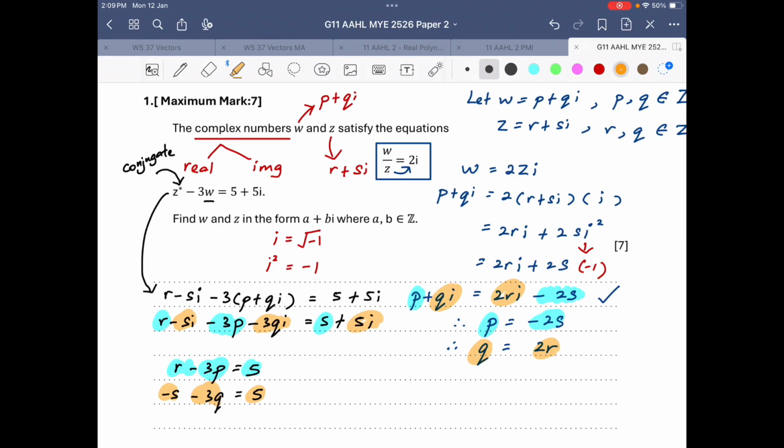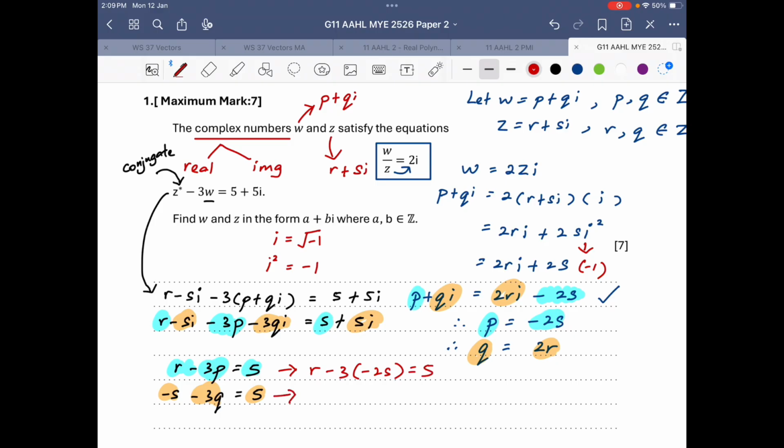So we have R, P, S, Q. Let's replace them. P is the same as negative 2S, so we replace P by negative 2S. We write R minus 3 times negative 2S equals 5.